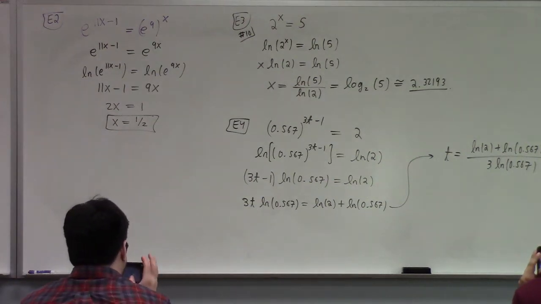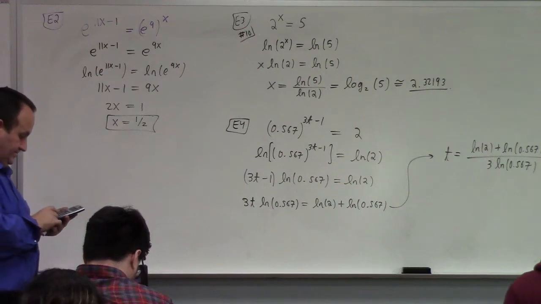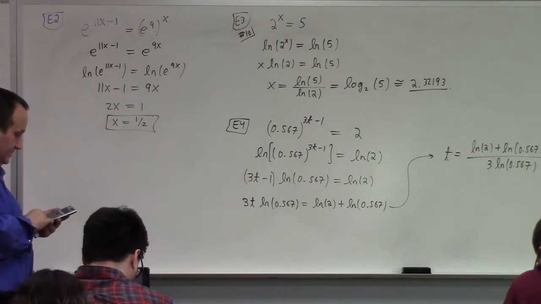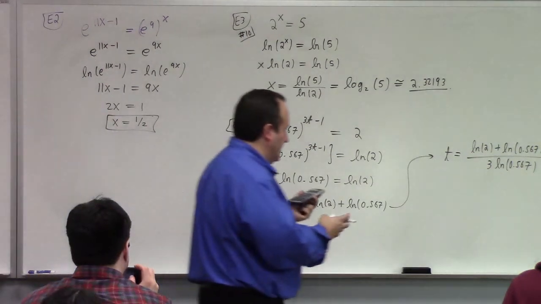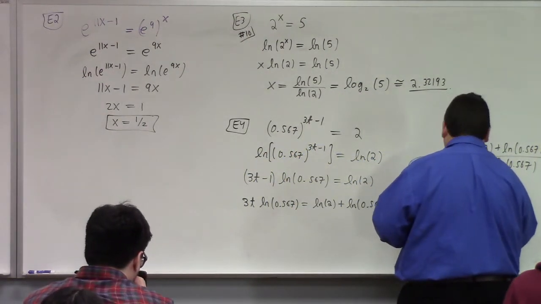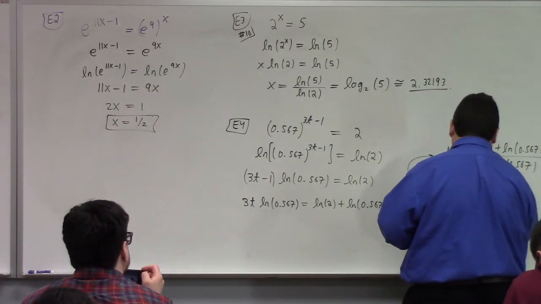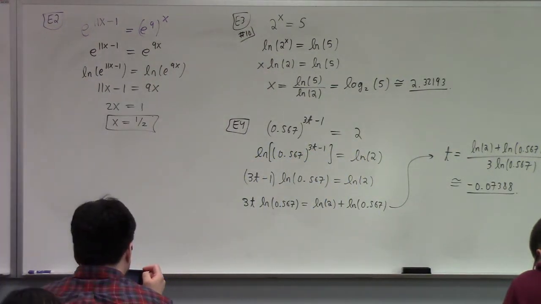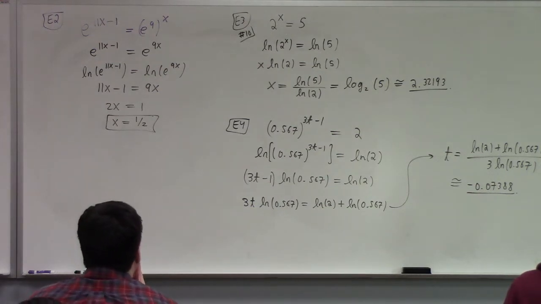If I do that, I get, yowzers, approximately minus 0.07388-ish. So that's what you're looking for, something like that? Yes, no, maybe so? Okay.